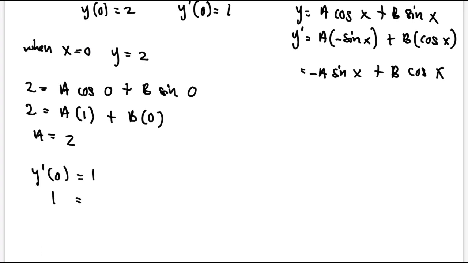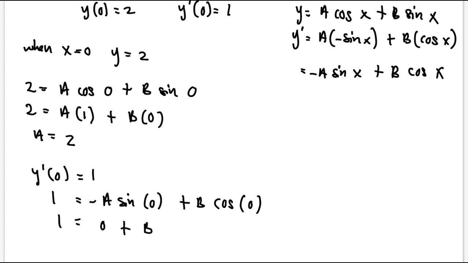So 1 equals minus a sin 0 plus b cos 0. So sine 0 is 0, cos 0 is 1. So b equals 1. Hence our solution will be, a is 2, b is 1, so 2 cos x plus sin x.